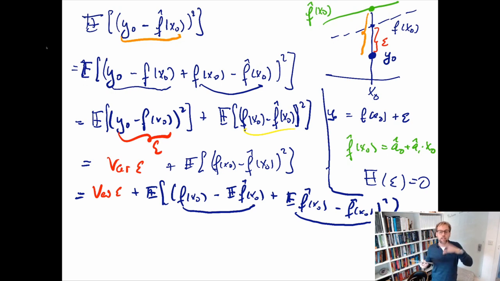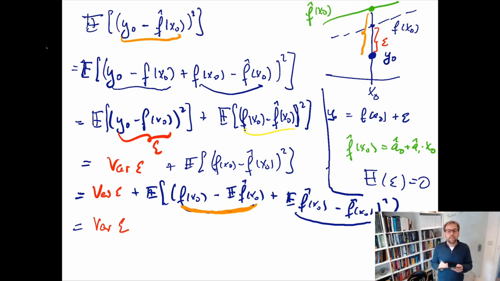So I will have (a+b) squared, which will be a squared plus b squared plus 2ab. And the cross term will be 0 again for a similar reason as before. So I'm just left with those two individual terms, a squared plus b squared. If I write it out, I have the variance of epsilon still, but now this term squared, which is f minus the expected value of f hat.